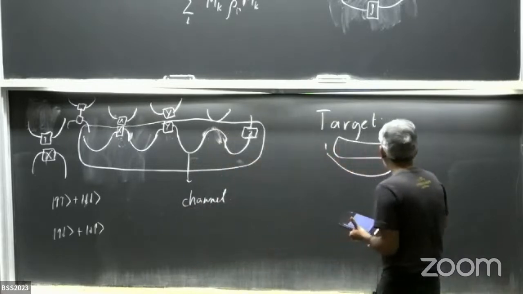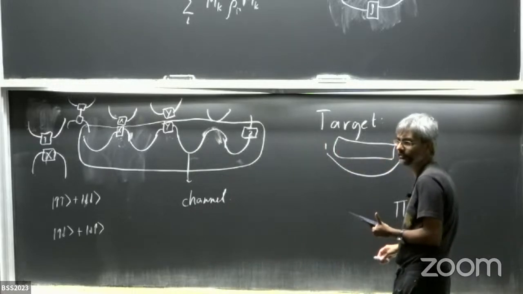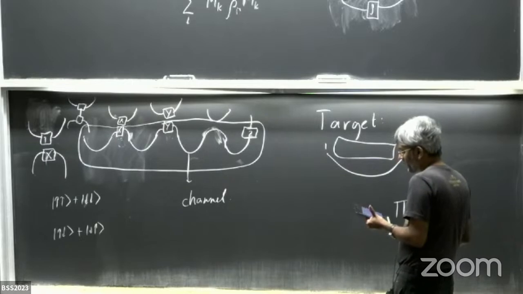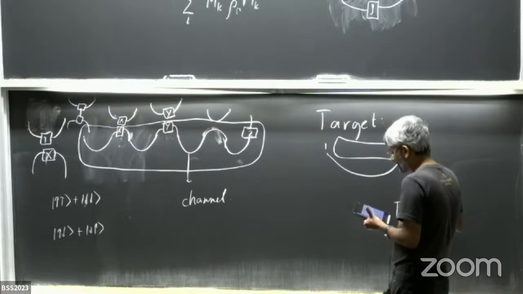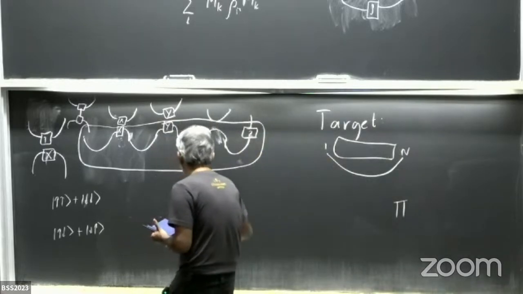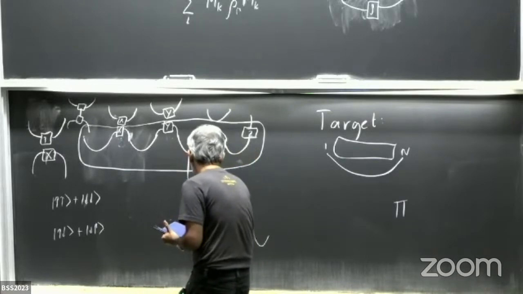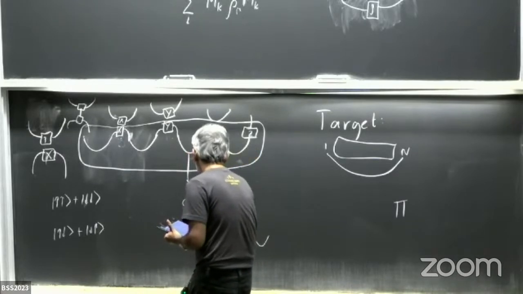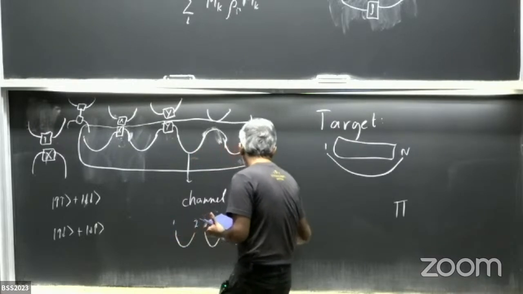So I'm going to write down an individual term in the Krauss sum, and I'm going to sum over the Krauss map. Sorry about the notation. Here are my qubits: 1, 2, 3, 4, 5, 6, 7, 8.